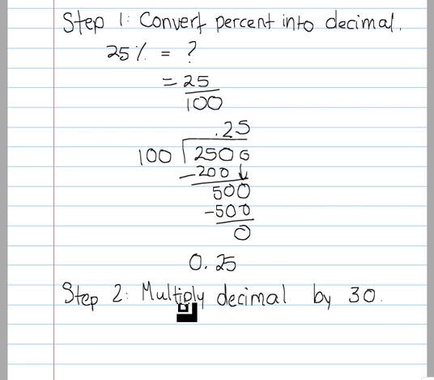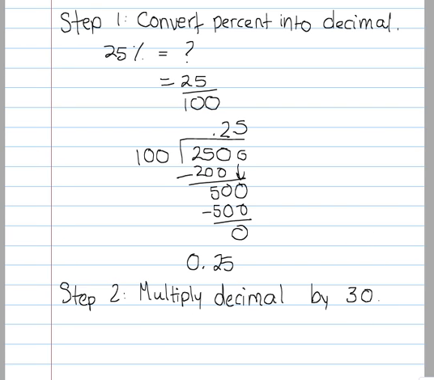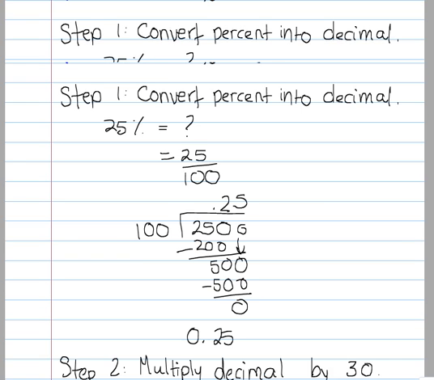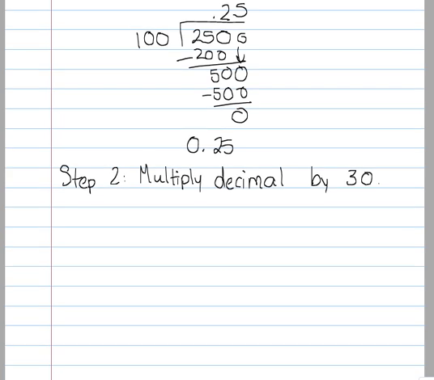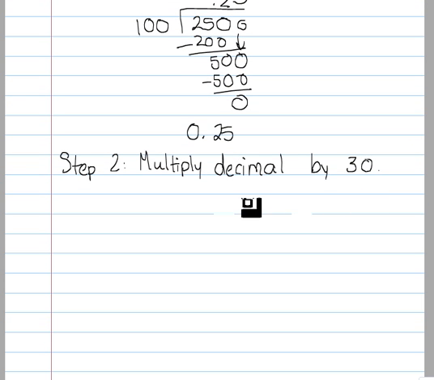Okay, so just to clarify again, in mathematics terms, of usually means multiply, so that's why after we converted this value to a decimal, we're going to multiply it by 30. Okay, again, as before, we can plug it into our calculator, or we can use paper pencil and do it by hand.